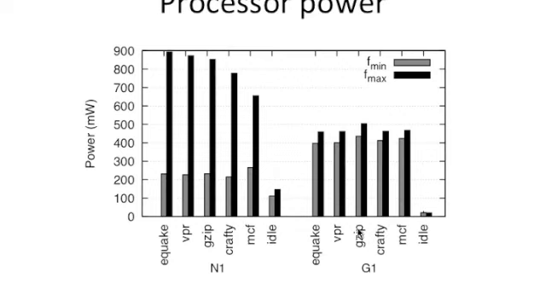Whereas this other phone, there doesn't seem to be, I think it's a 2:1 change in frequency, but still there's not much change in power. So it really depends on the kind of hardware these vendors are using as to how efficient the system is in terms of power consumption.